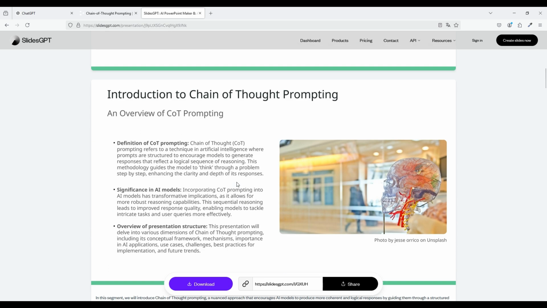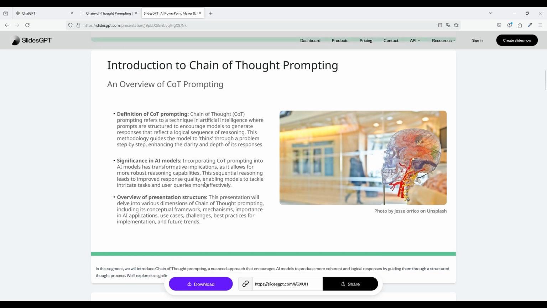So chain of thought is a technique in artificial intelligence where prompts are structured to encourage models to generate responses that reflect a logical sequence of reasoning. So you can imagine that you have a problem, and in order to solve the problem, you need a sequence of reasoning to solve it.